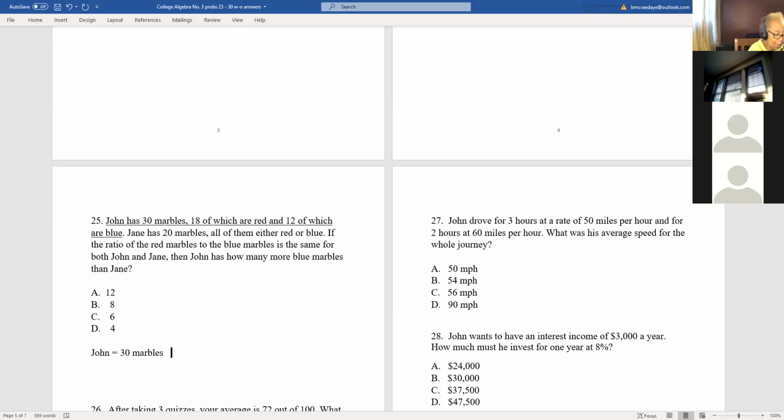And we have 18 marbles equal red, and 12 are blue, 12 equal blue. Okay, so 12 of the blue color. All right. Now Jane has 20 marbles. So let's put Jane here. Jane equals 20 marbles.